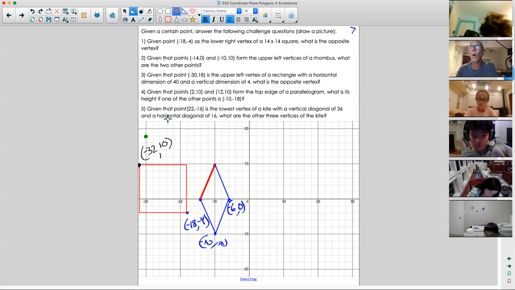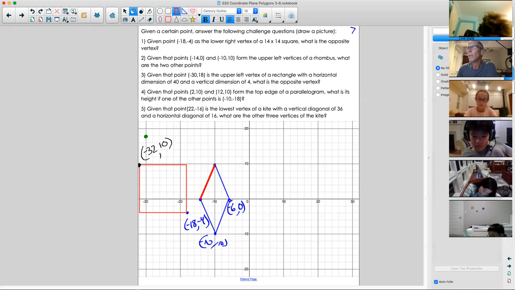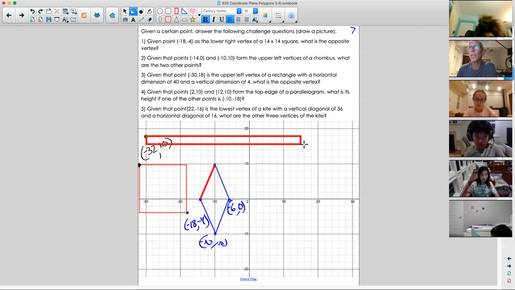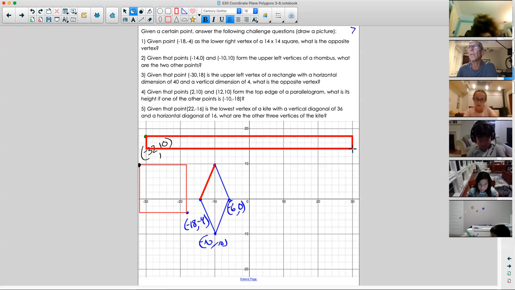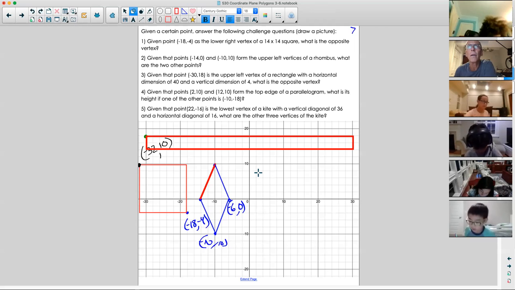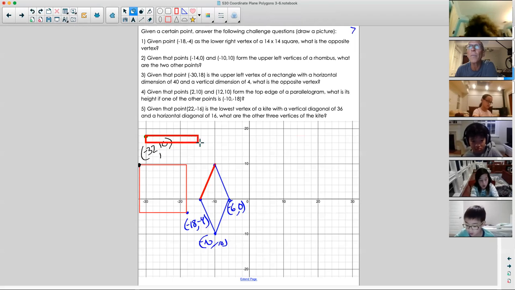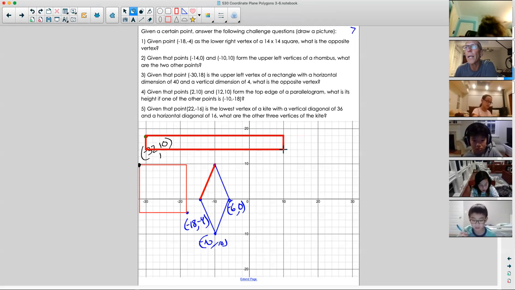So I'm looking for the first person to chat that answer. And I'm now going to draw a picture. And I hope that your picture looks identical to this picture. Does your picture look like this, guys? Yes or no? Are you sure? It shouldn't. It should not look like that because I made my horizontal distance 60. Your horizontal distance should only be 40.